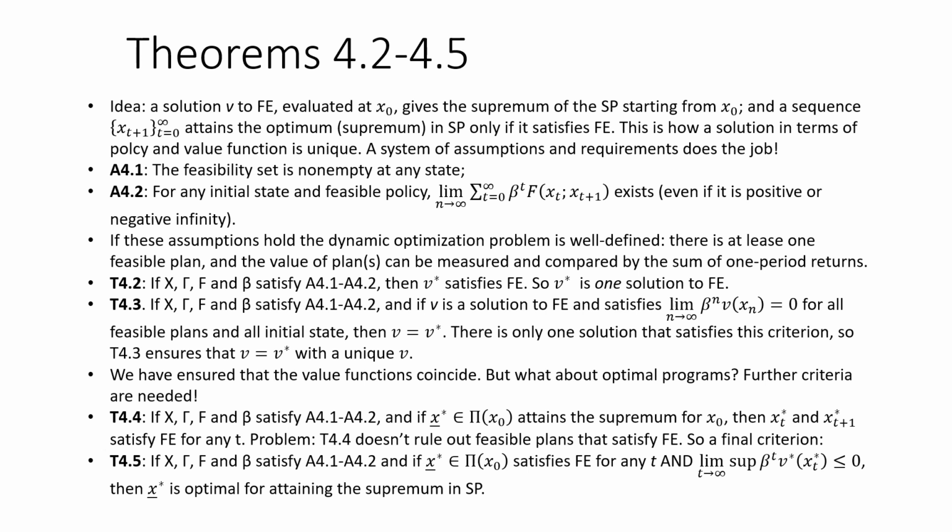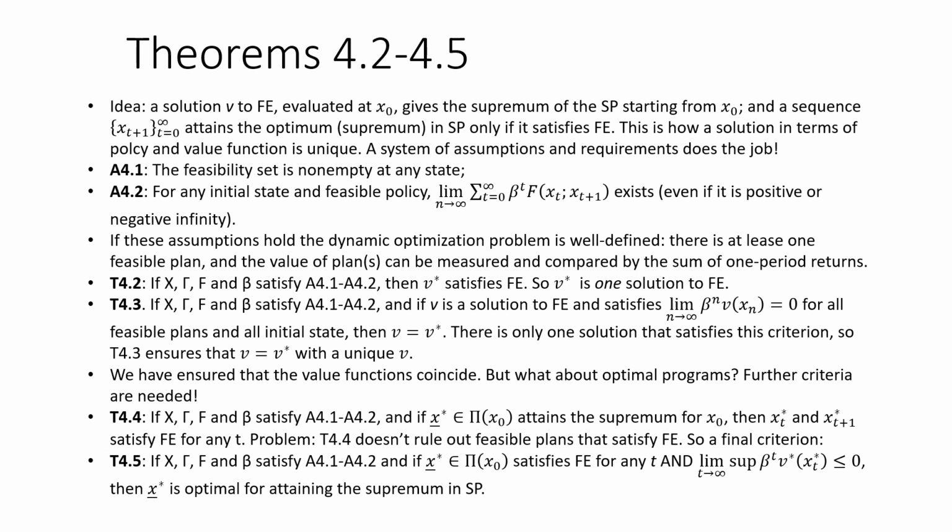If assumptions 4.1 and 4.2 are satisfied, and if we have a feasible plan, not the optimum plan, just any feasible plan that satisfies the functional equation, and this plan satisfies this limit, then this is the optimum plan for attaining the supremum in the sequential problem.